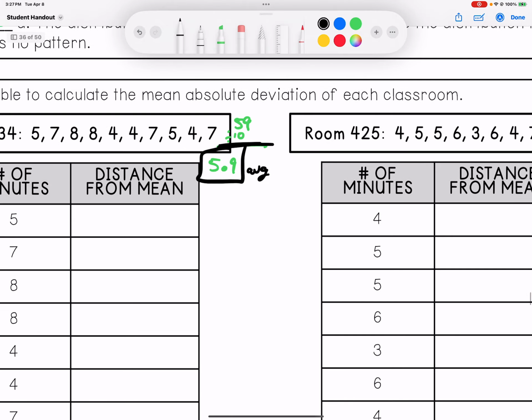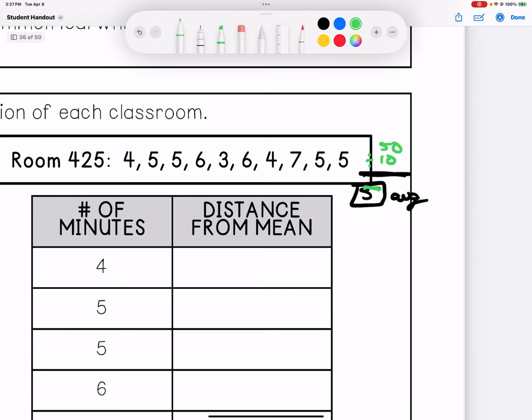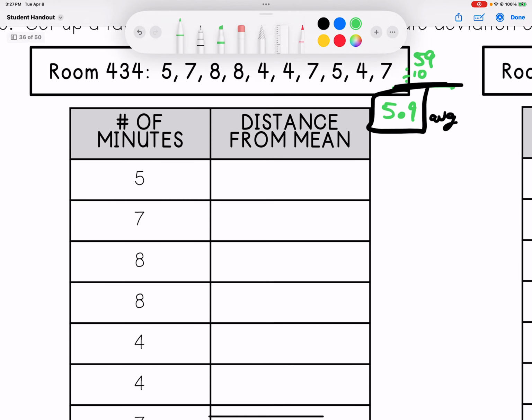Now, you're going to find the distance from the mean, which is what we did yesterday. I'm going to pause and let you find the MAD of those. You do not have to answer A or B just yet. Just fill in the charts. Pausing now.